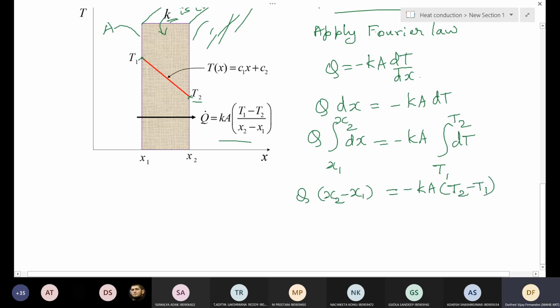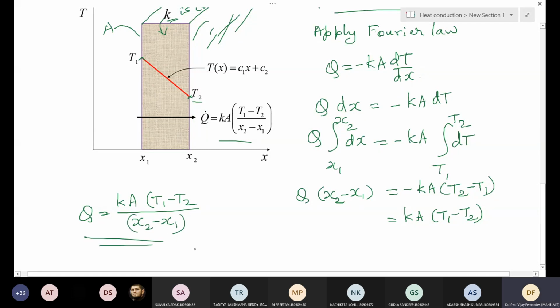You can take this minus sign inside and write T1 minus T2. So you have the expression Q equal to KA (T1 minus T2) divided by (x2 minus x1). This is the rate of heat transfer through the wall.